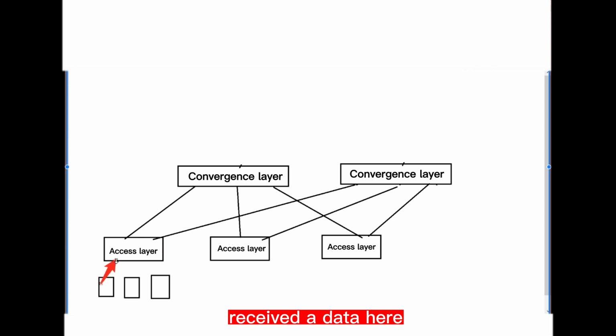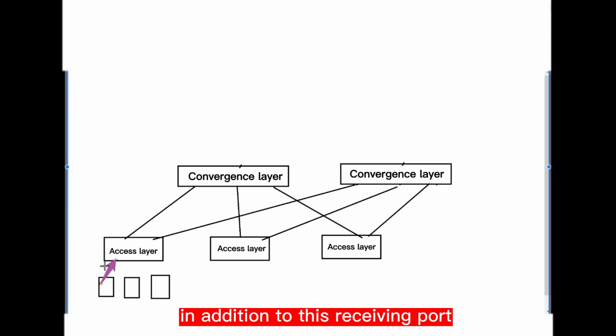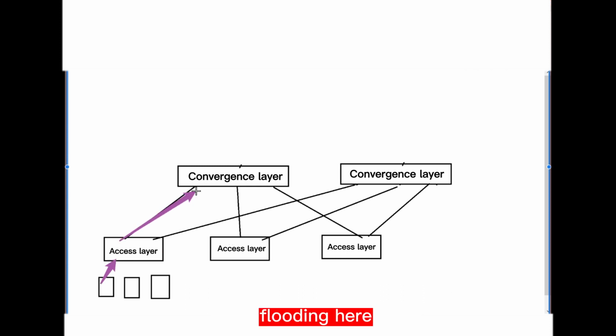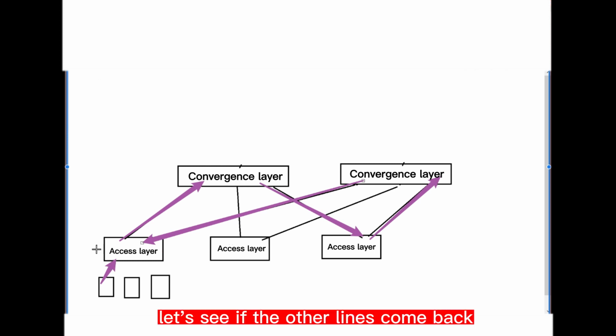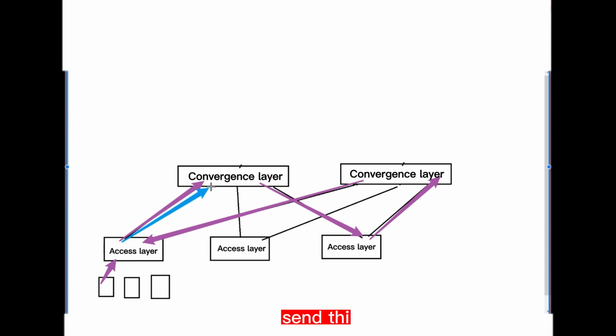Besides the receiving port, all other ports flood. Flooding here, here, and here also. It comes back here. It's just one line; let's see if the other lines come back. Send this, and it also came back.